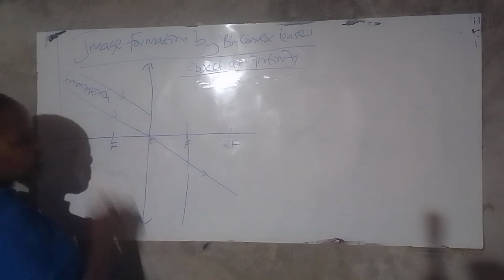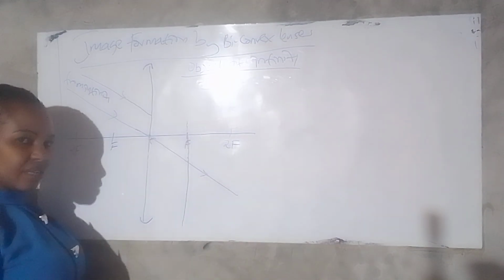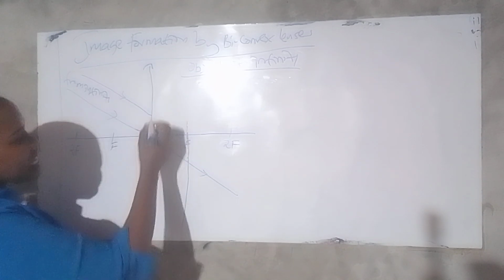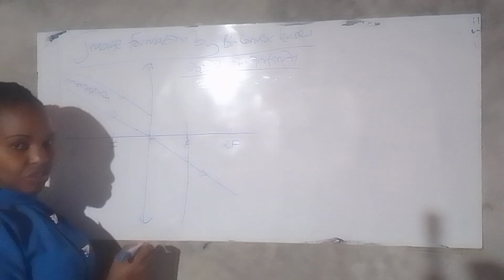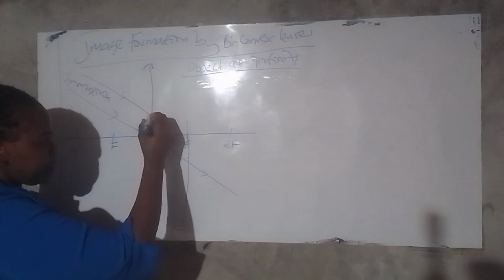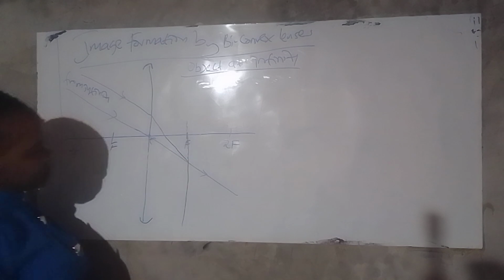Now, these rays that are coming from infinity, they are coming parallel to each other, and they intersect after refraction somewhere at the focal plane.